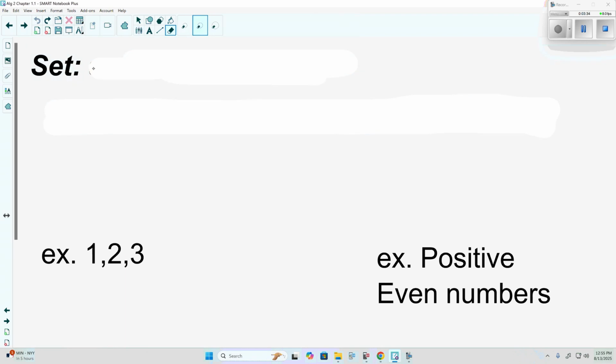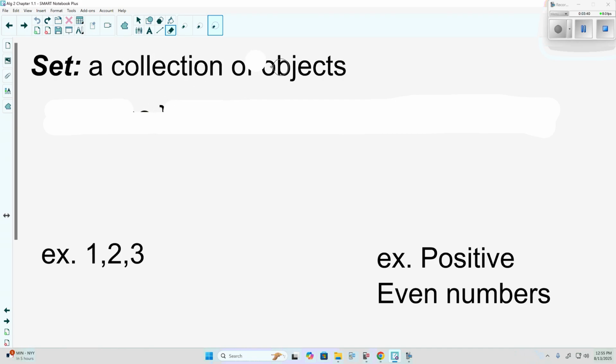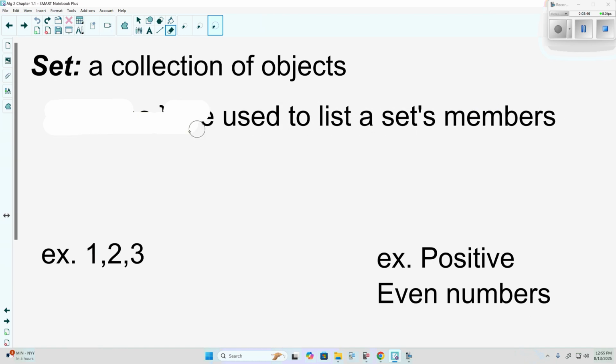A set is a collection of objects. We normally use braces to list a set's members.